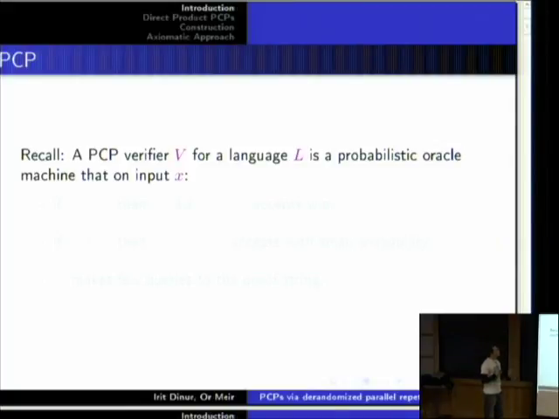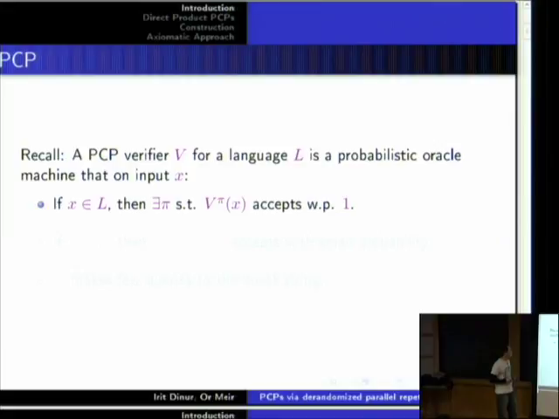Or, a little more formally, a PCP verifier is a machine that takes as input some string X, and it is supposed to verify the claim that this input belongs to some language L. The verifier also gets oracle access, or random access, to some auxiliary proof string.